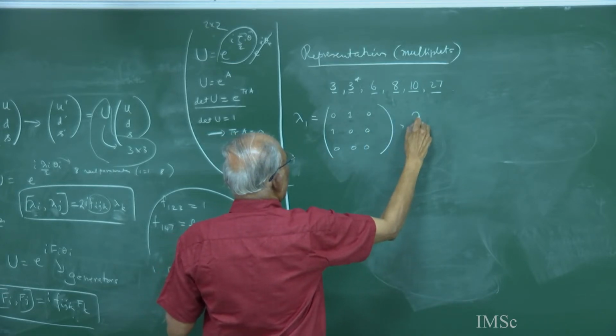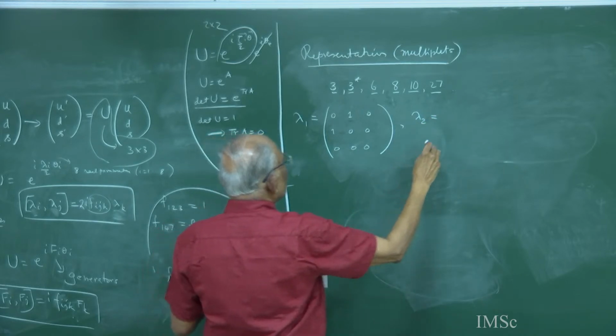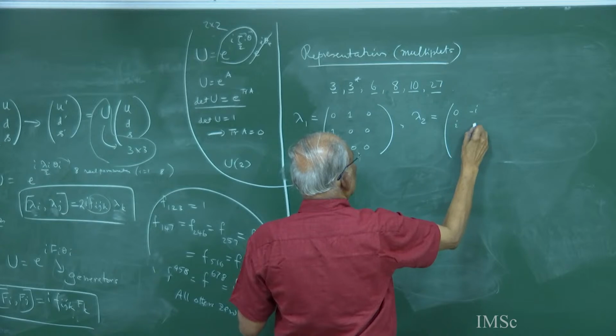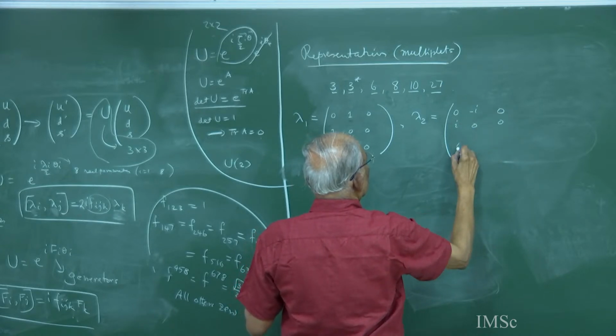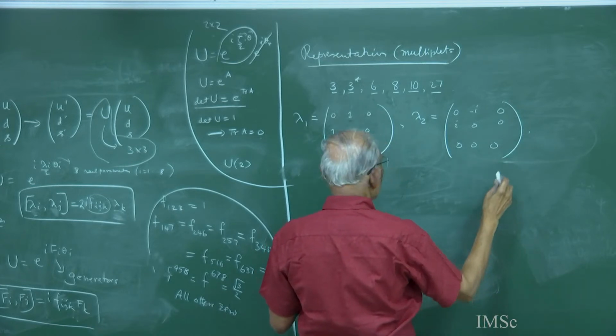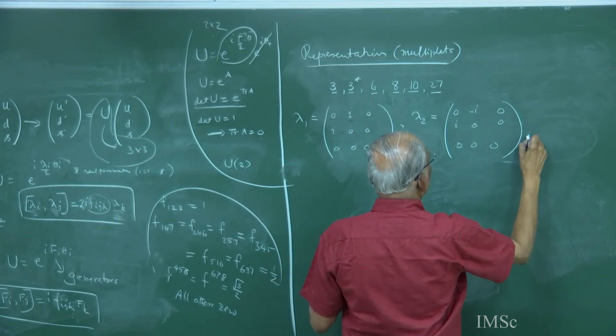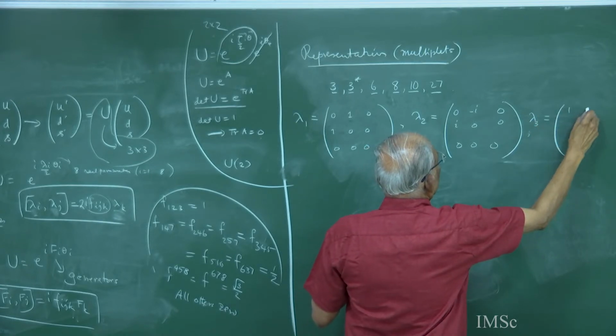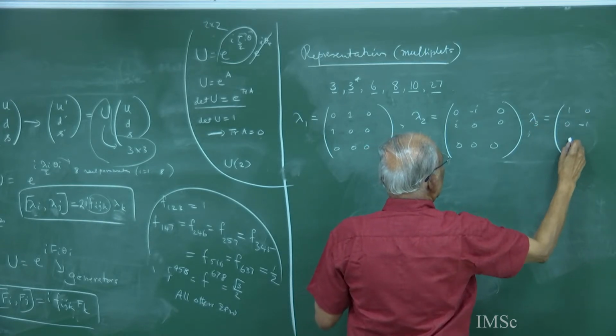And lambda 2 is like tau 2, so it should be 0, minus I, 0 and 0 0 0, 0 0. Lambda 3 is diagonal: 1 0 0, minus 1 0 0.